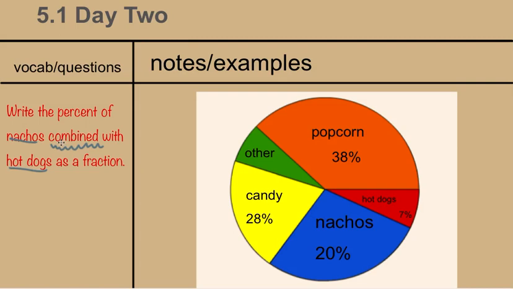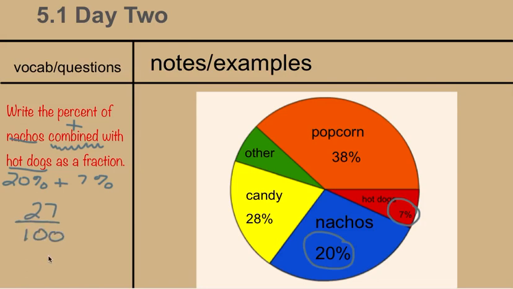This fancy word combined here is one of the words we can use for adding. So let's look for nachos. Nachos are 20%. I'm going to combine or add that with hot dogs, which is 7%. I'm going to add these two up. Give me 27 over 100.